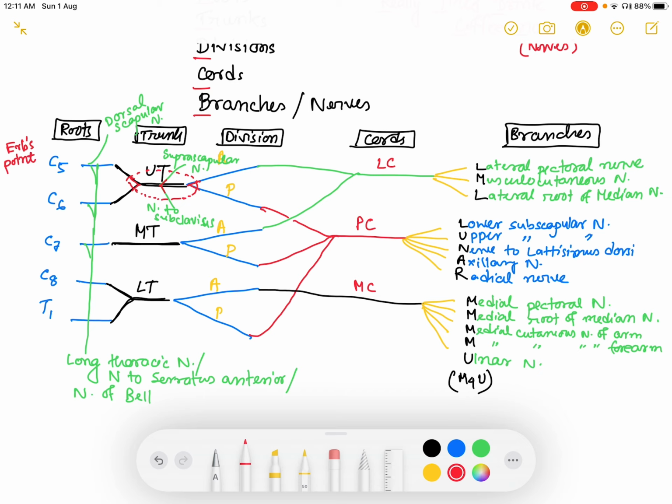So these are the roots, trunks, divisions, cords, and branches of the brachial plexus. Now coming to the root values. How to memorize the root values of the brachial plexus?